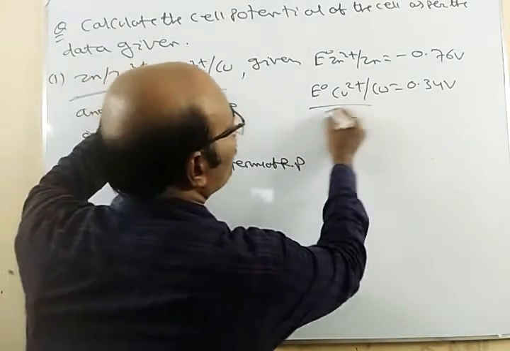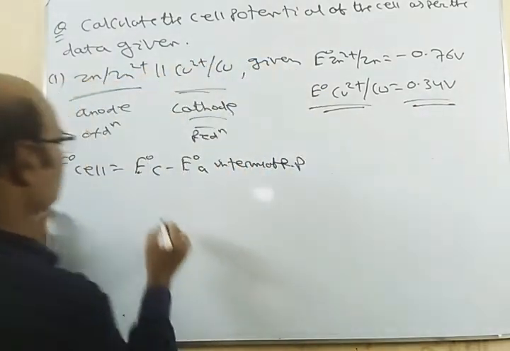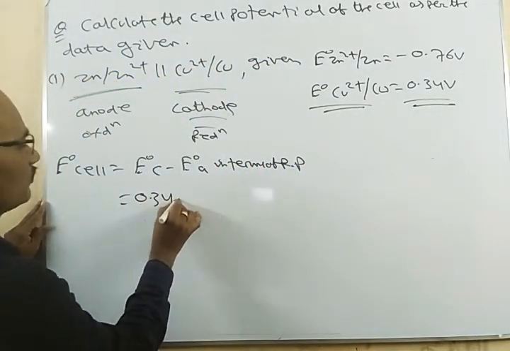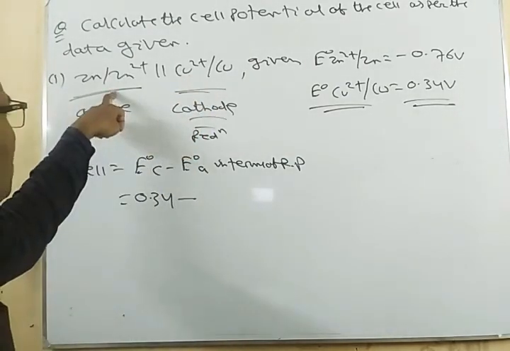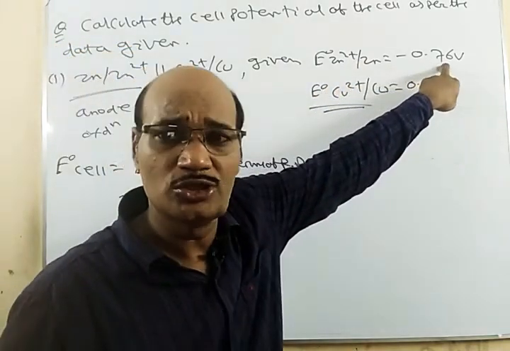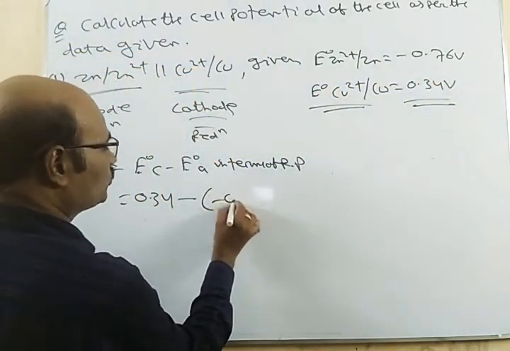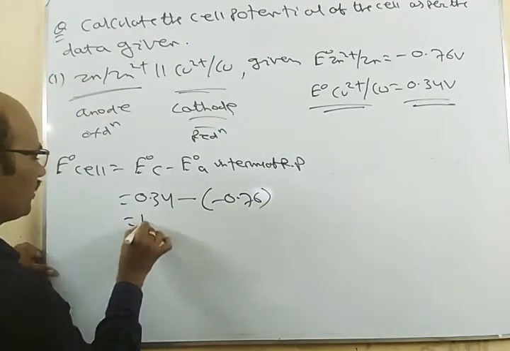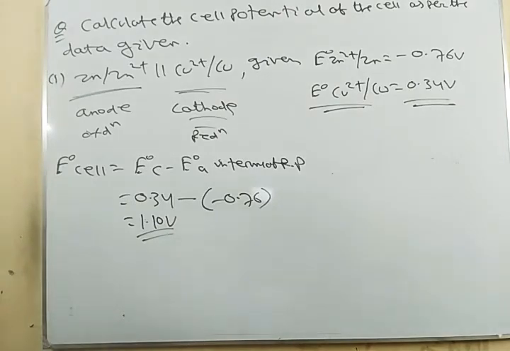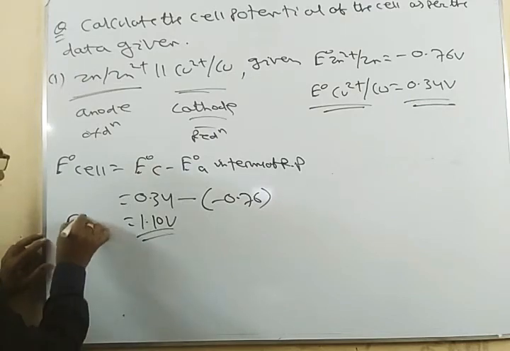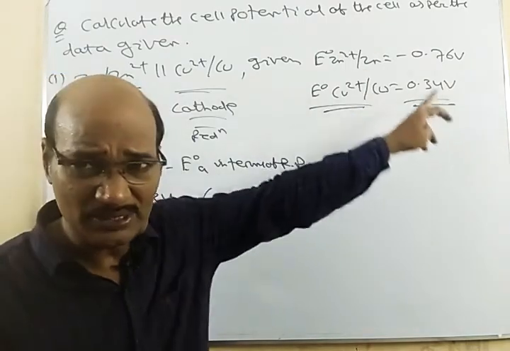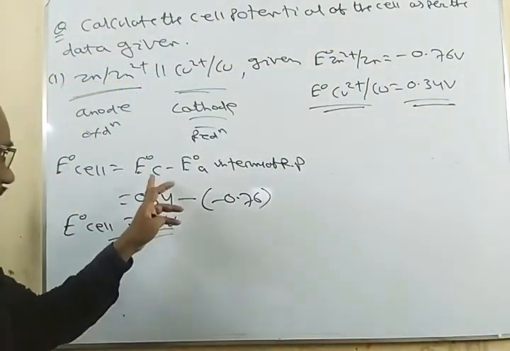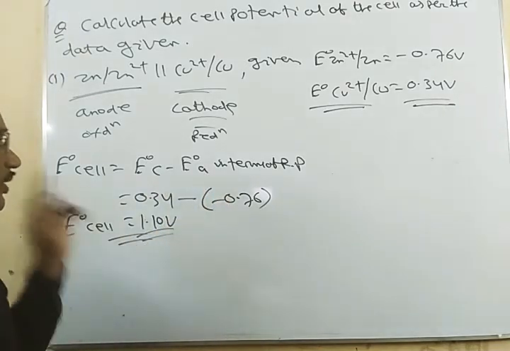Cu2 plus by Cu, with value 0.34. So E naught cell equals 0.34 minus the anode, Zn2 plus by Zn, whose RP value is minus 0.76. So 0.34 minus minus 0.76 equals 1.10 volt. The standard cell potential is 1.10 volt. The data was given in terms of RP, so we calculate cathode minus anode.